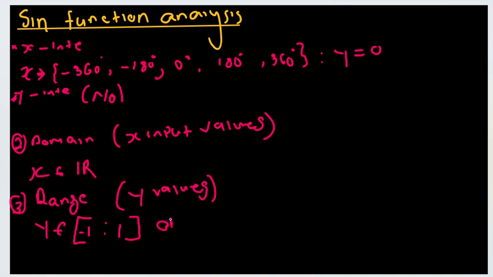Or put it in interval form, I will say that the possible values of y are less than or equal to 1 and greater than or equal to minus 1. So these are just the two answers we can offer as the range, right?